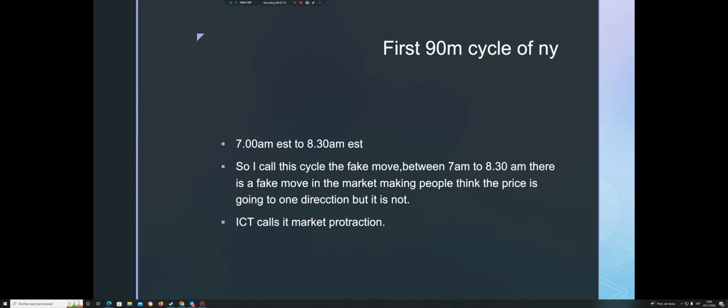I am in a lot of ICT groups, and sometimes I see a lot of people trading starting from 7, placing buys, placing sells, and hitting a stop loss. What they don't know is that there is a market protraction, which is a fake move, making all of them think price is going up, but at 8:30 it goes down, and vice versa.